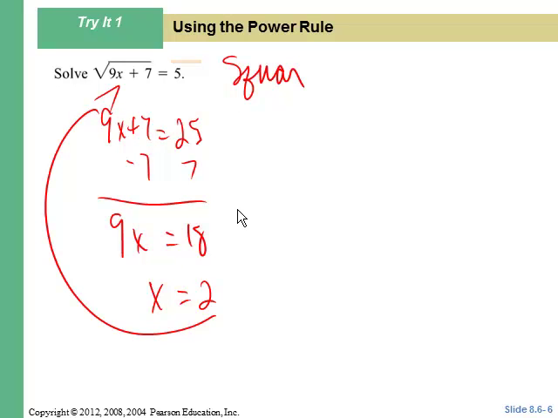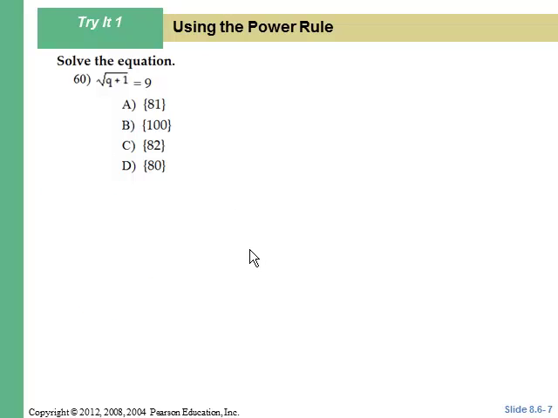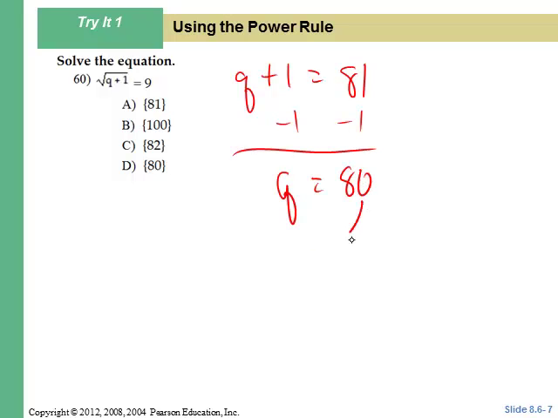Square root of 25 is 5, so it does check. How about this one? Square both sides, you get q plus 1 equals 81. Subtract 1 from each side. Q is 80. 80 plus 1 is 81. Square root of 81 is 9, so 80 does check.